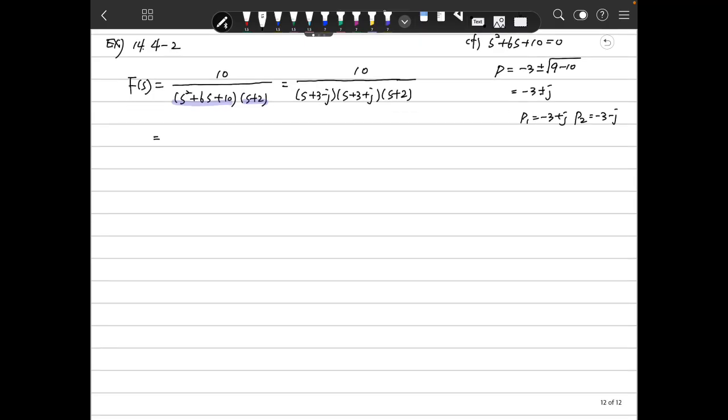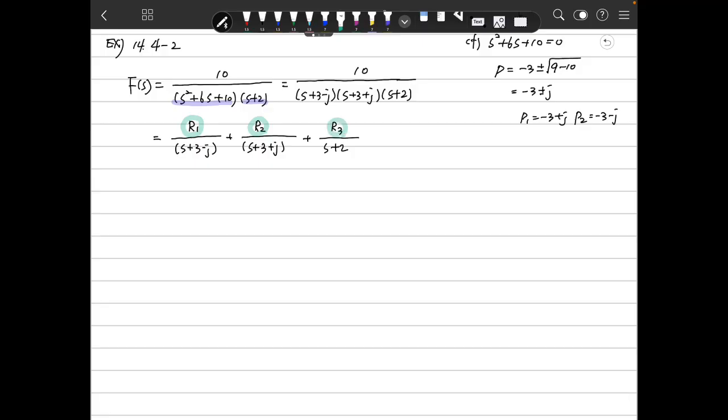So we rewrite this as 3 terms: r1 over s plus 3 minus j, plus r2 over s plus 3 plus j, and plus r3 over s plus 2. So we complete this partial expansion. We need to find out r1, r2 and r3.